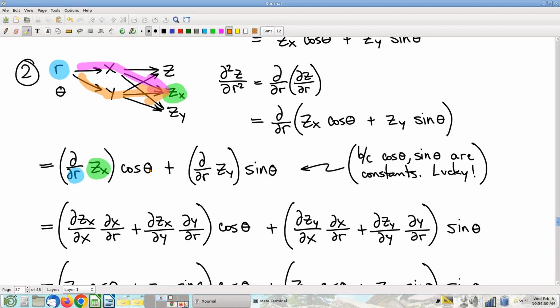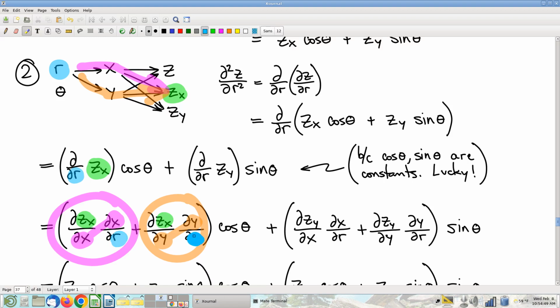And we can write them down. Here's the x term. And here's the y term. And notice in each we're talking about zx with respect to r. Okay, so I want to pause on this. What do you think? Does everybody see the color coding is laying out what's relating to what in what way? Is everybody happy with that?